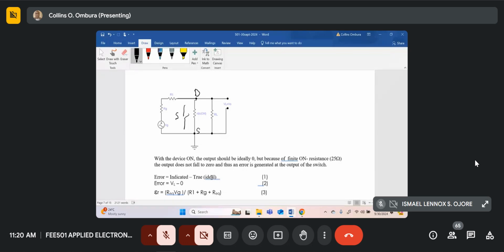And for those specific choppers, the manufacturer will tell you what is RDS on and RDS off. For a chopper FET in which RDS on is about 25 ohms, that's a very, very good chopper FET.